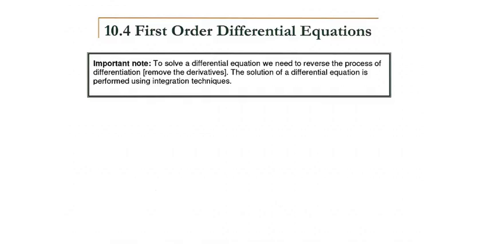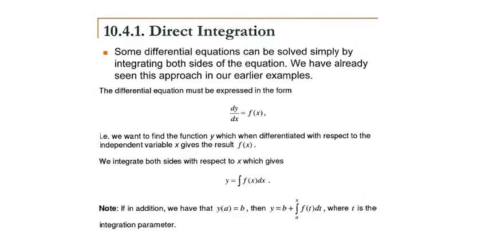To solve a differential equation, we need to reverse the process of differentiation, as we've seen previously. The solution of a differential equation is performed using integration techniques. So this is some sort of expression that we might want to integrate.